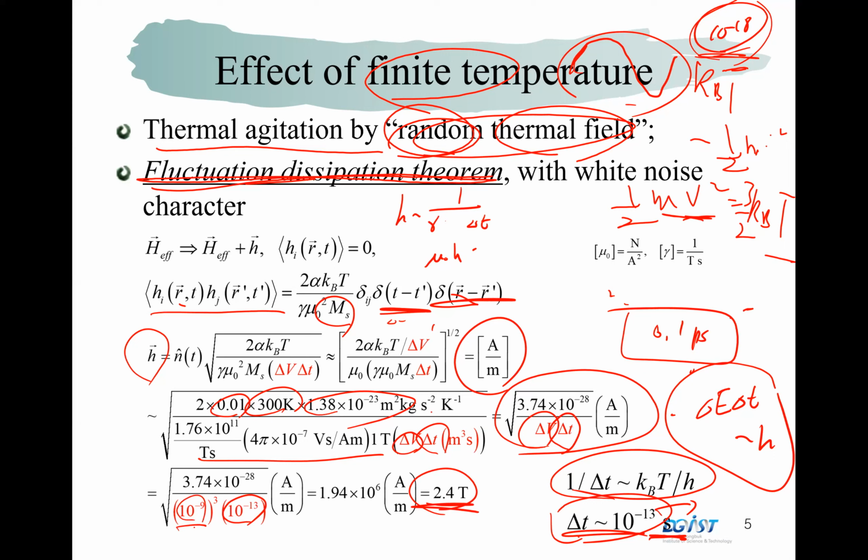And that means the particle points always in this field direction, and this is random. So a 1 by 1 by 1 nanometer particle gets a field on the order of 2 Tesla for every time interval.